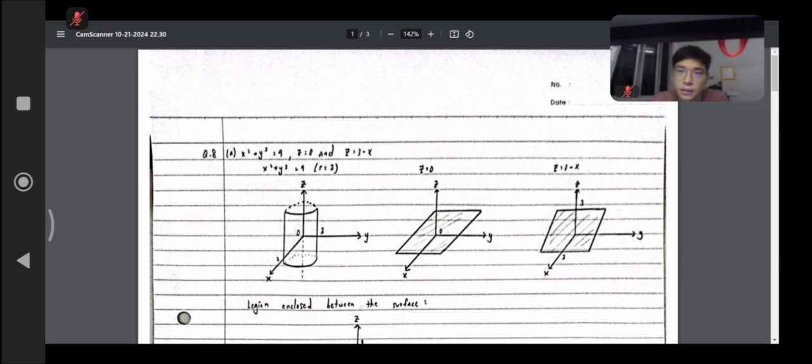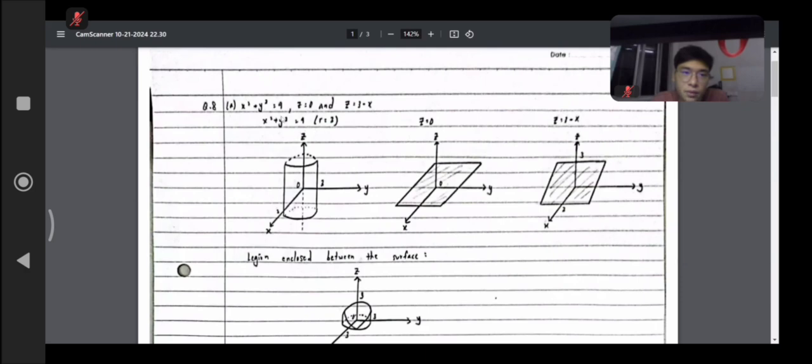Today I would like to explain the assessment that Dr. gave to us. For the first question 8, we are asked to sketch the region enclosed between the surfaces given by the equations and requirements. For the first equation, x squared plus y squared equal to 9, z equal to 0, and z equal to 3 minus x.